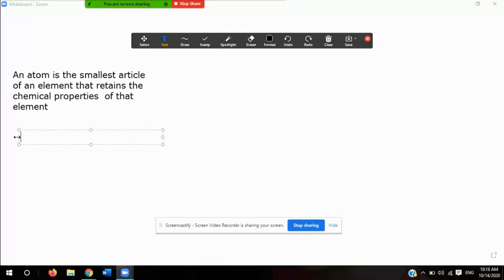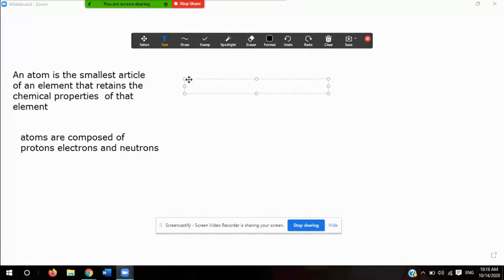And atoms are composed of protons, electrons, and neutrons.